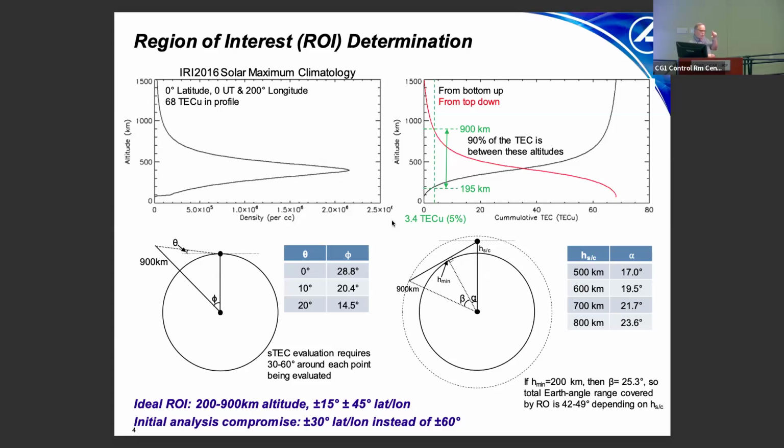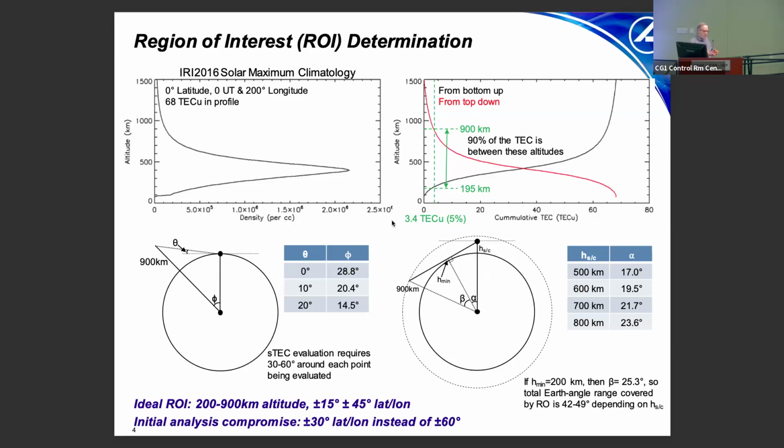We figure if you can do a good job retrieving that, then through extrapolation and minor corrections, even if you're in error on the very bottom side and the top side, your accuracy of your TEC is still going to be pretty good. And we wanted to consider the size of the region enough to incorporate basically two things.